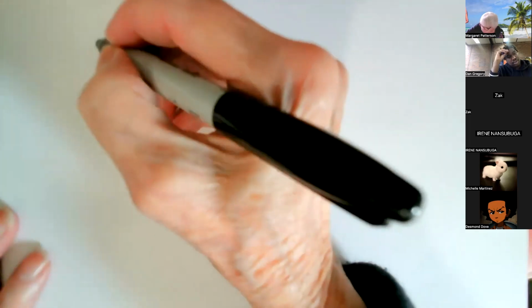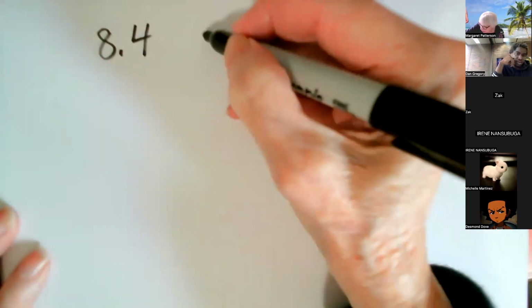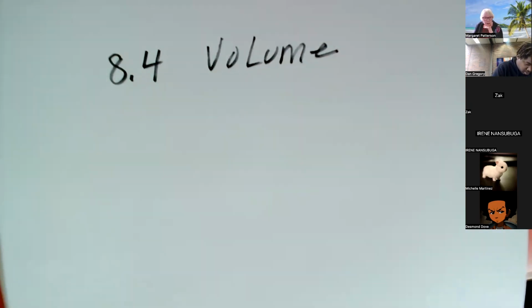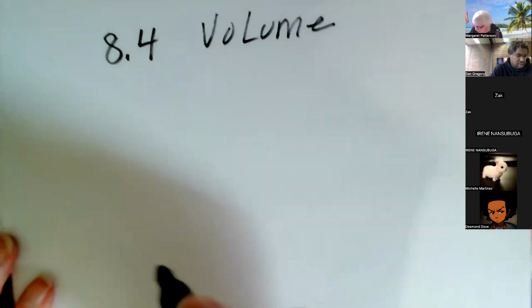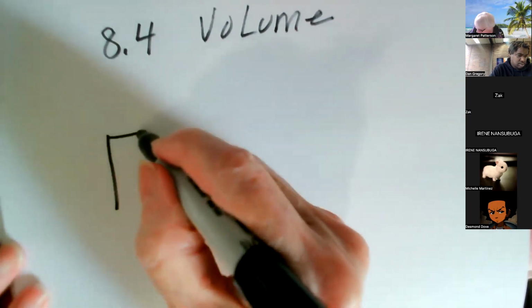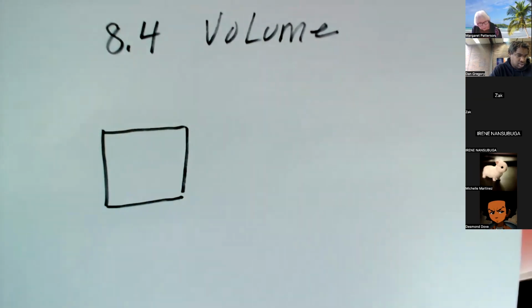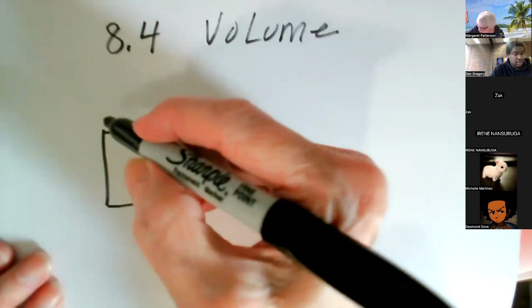The last one, we skip one section, and this one is called volume. I'm going to start with a square, and I'm going to turn it into a volume.